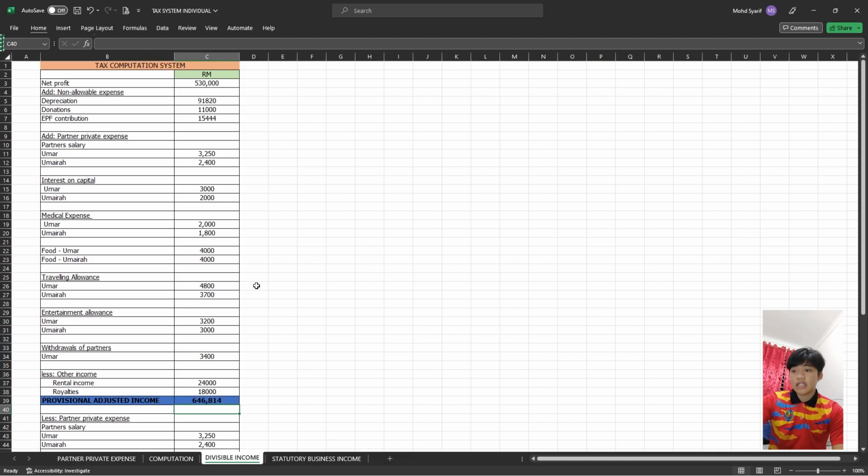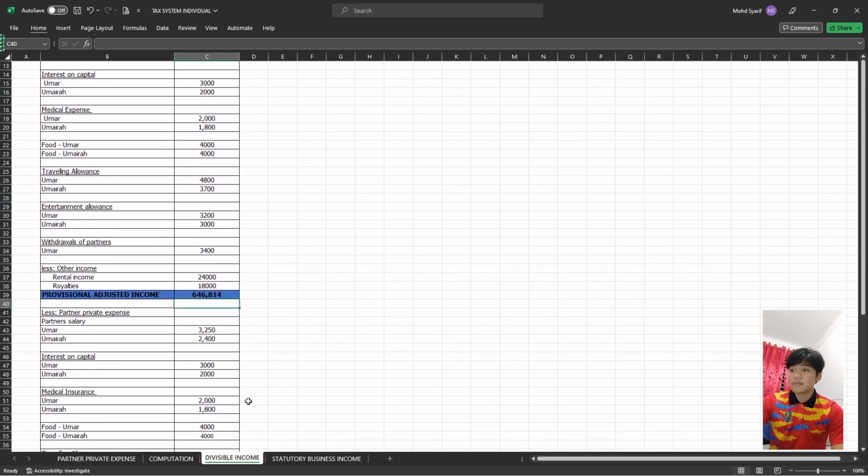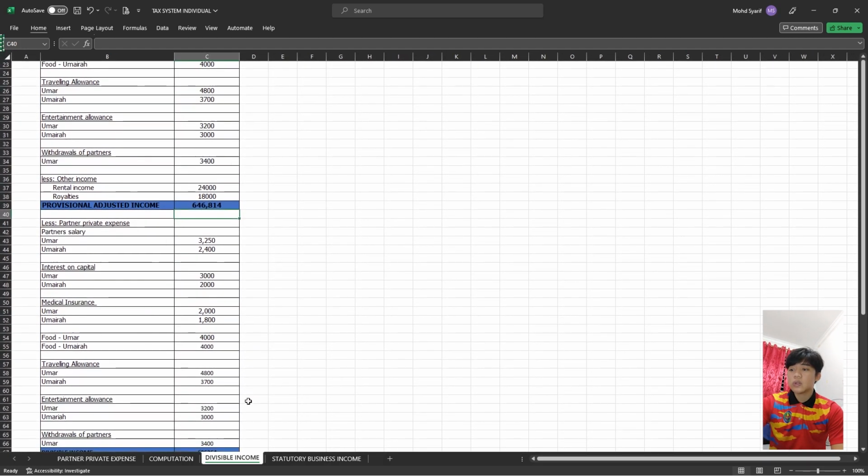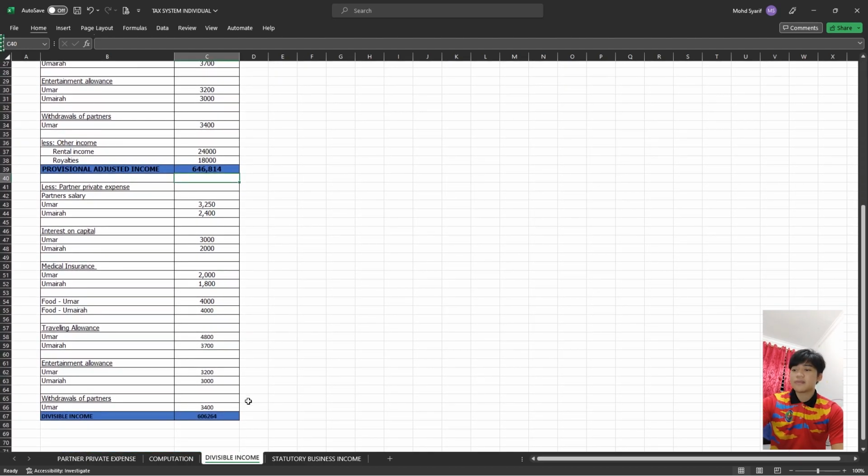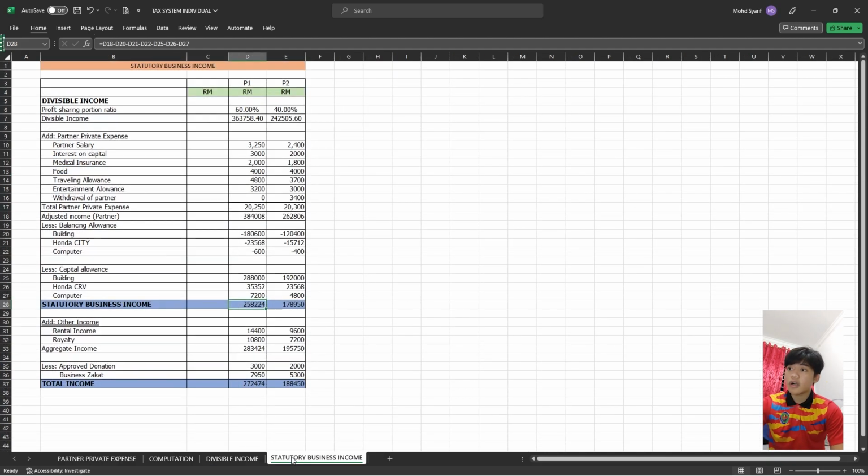For this partnership, we get 646,814 ringgit, and then we less the partner private expense to get the divisible income, which is 606,264 ringgit. So we move on.